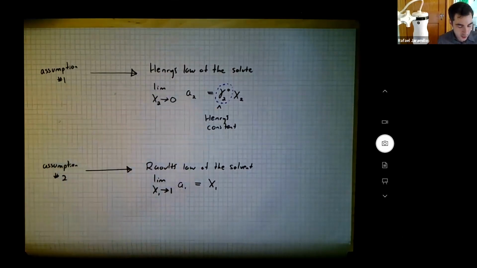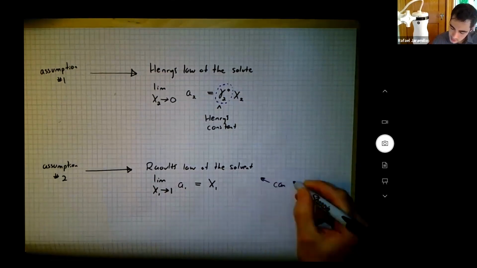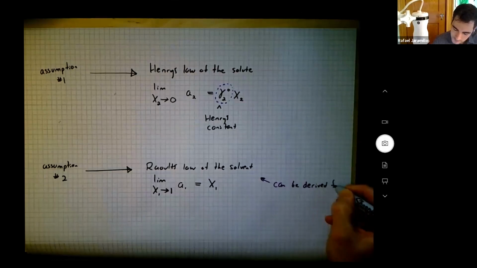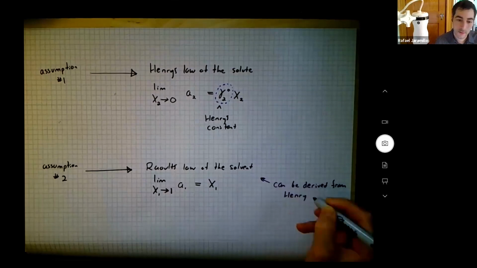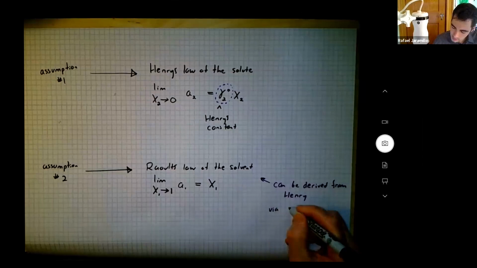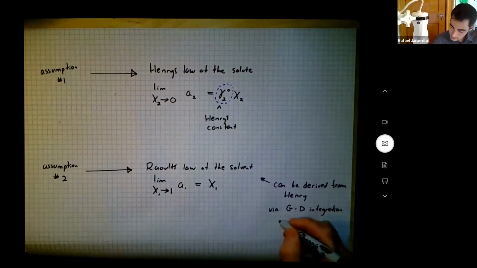Just a note for the P set, this can be derived from Henry via Gibbs-Duhem integration, which is discussed in detail in section 8.2.3.